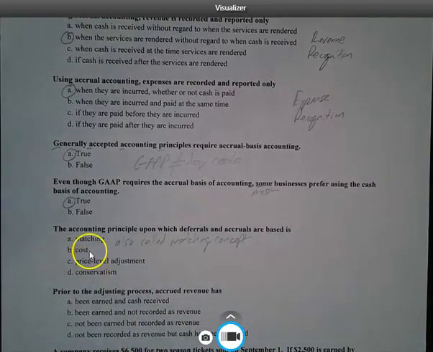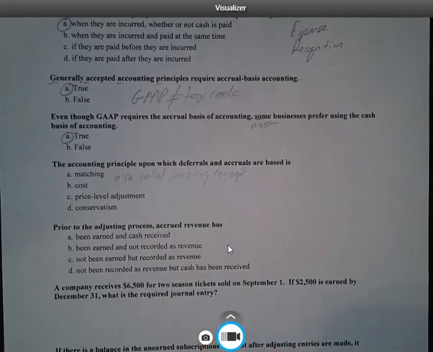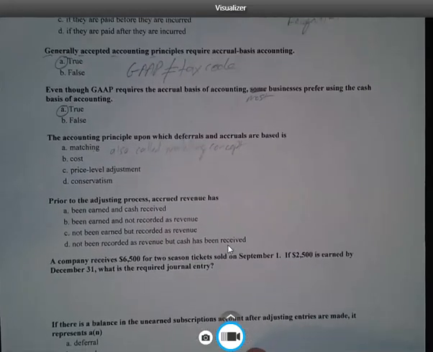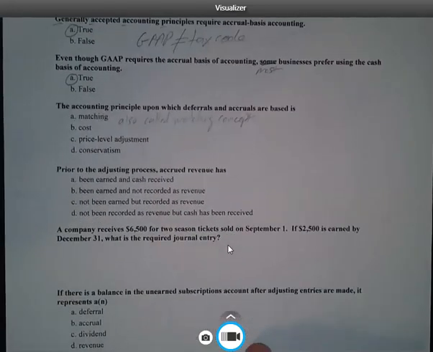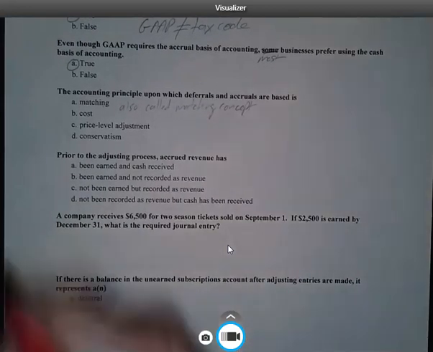Okay, I prefer matching principle, but I know for a fact that you will see matching concept out there, so probably need to mention that those are synonyms. Let me also circle matching.